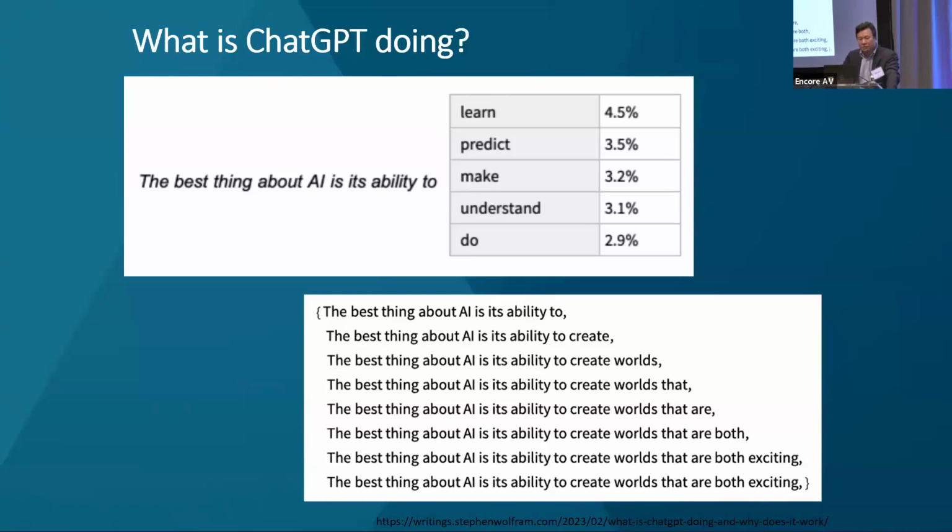Simply speaking, that's what it's doing. An example here: the best thing about AI is its ability to do what? In this example, the most probable next word is probably "learn." And of course, if you keep doing that, it can generate text like paragraphs or even whole articles.